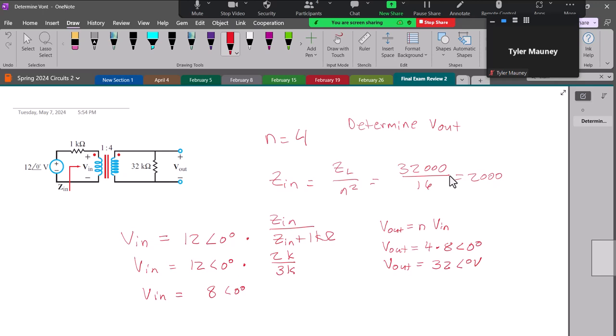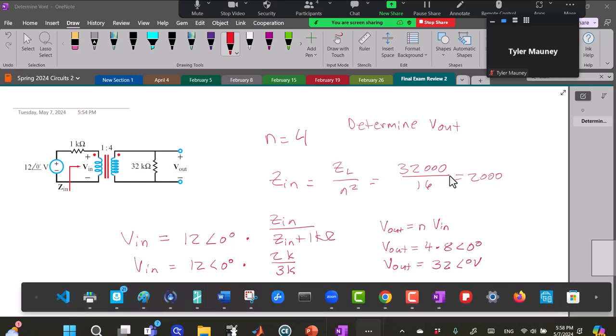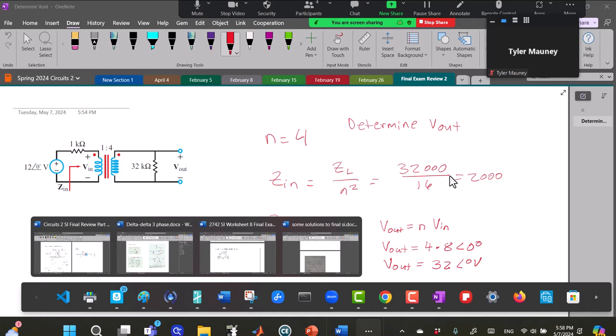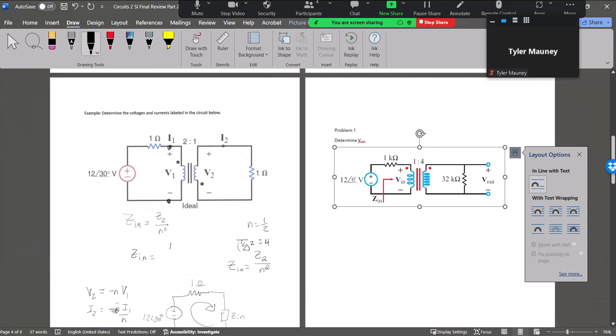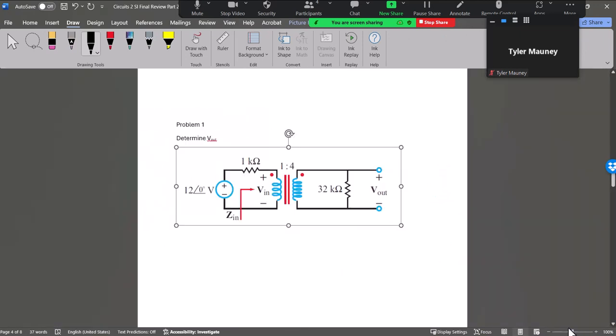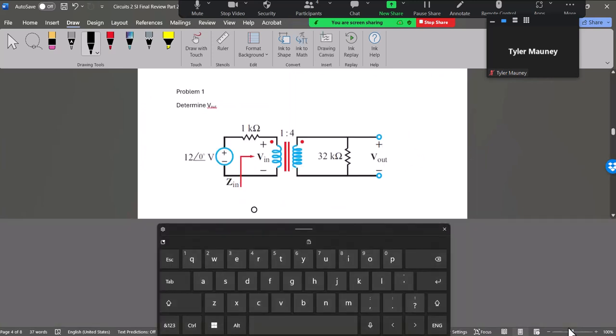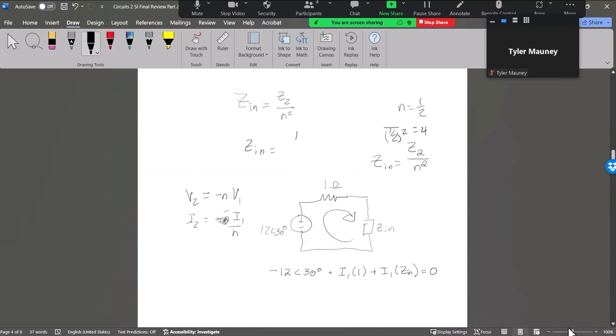How do you know V out is equal to N times V1? I know that because V out is V2. It's in parallel.